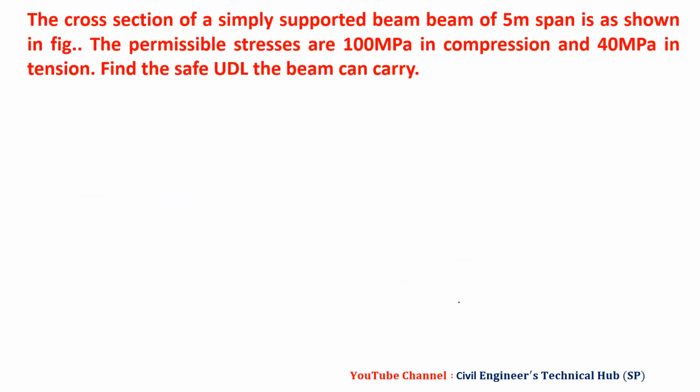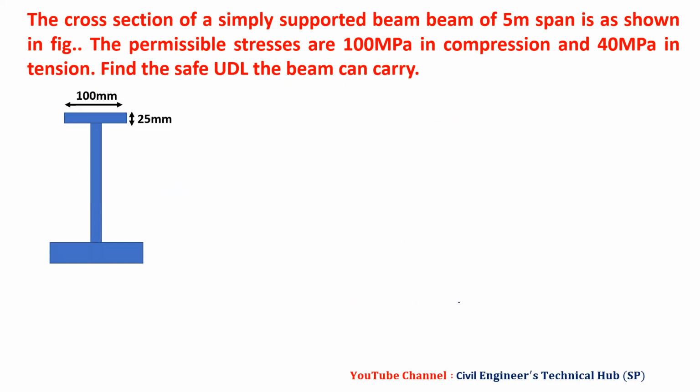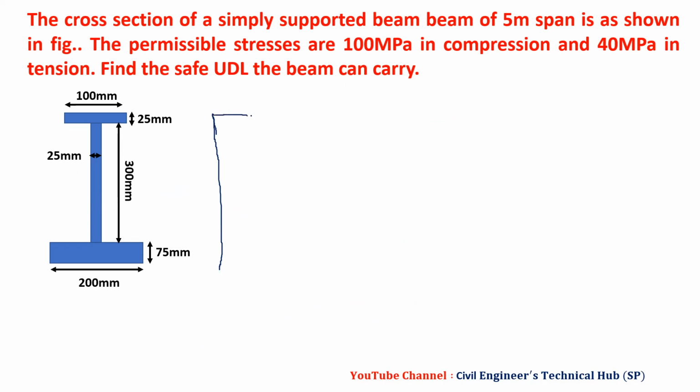Now, the cross section of a simply supported beam of given span is shown in the figure. The permissible stresses are 100 in compression. Keep in mind, you have two diagrams given. One is given 100 MPa in compression, simply supported, so it is 100 at the top and below we do not know the value.